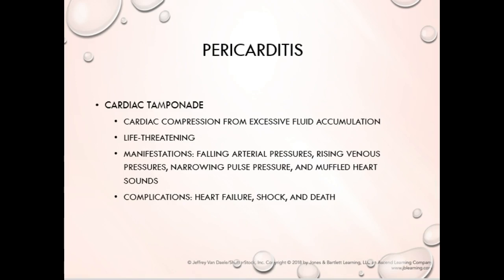Rising venous pressure, because the blood can't get into the heart, it's backing up into the venous system. You could get distension of the, ding, ding, ding, any guesses? Jugular veins is going to be an obvious symptom of this. Narrowing pulse pressure, because those two pressures are getting closer together, muffled heart sounds. So obviously you can have heart failure, shock, and death as a side effect of this.